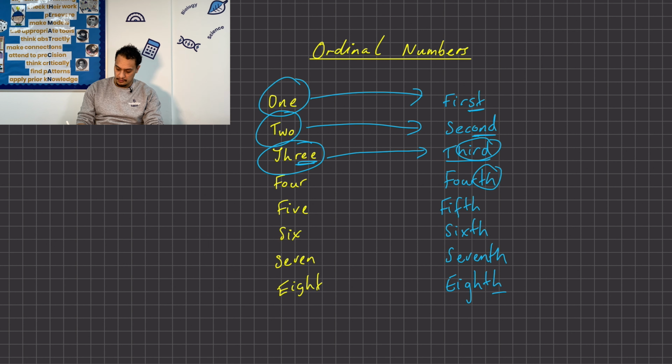Then fourth, in a lot of cases you can just put TH on the end. Fifth changes slightly, so instead of this VE ending, that gets removed and we put F on it, and then we follow using the TH.